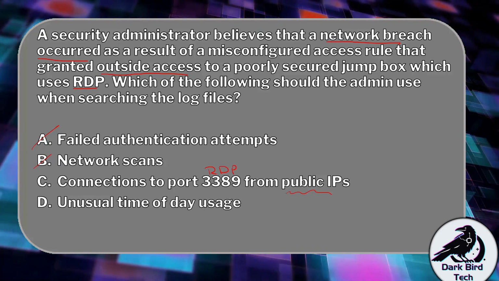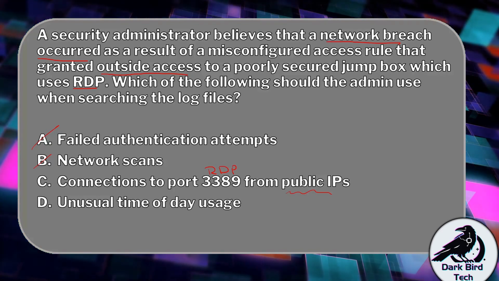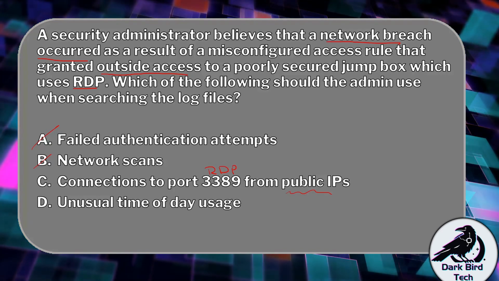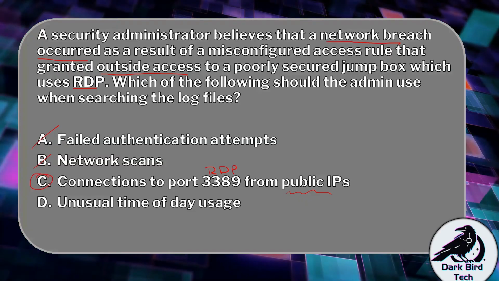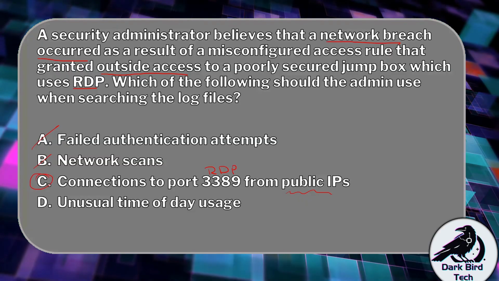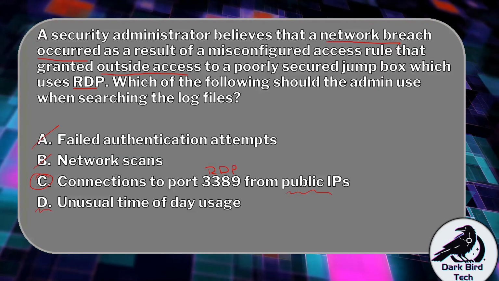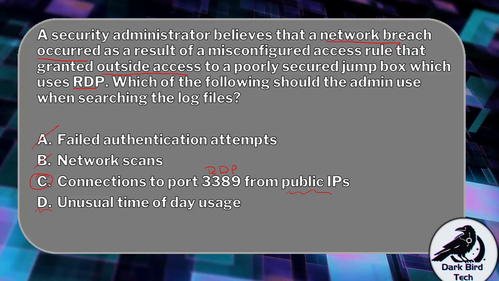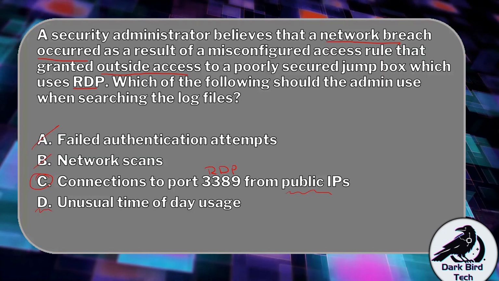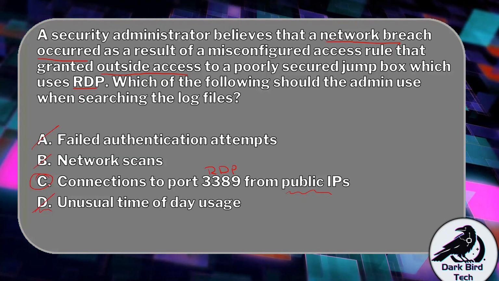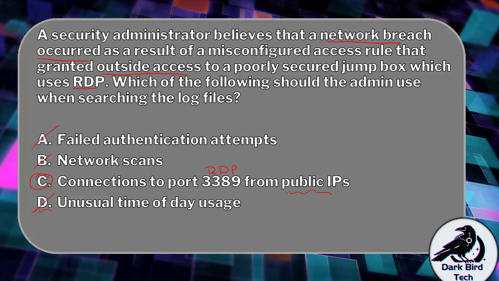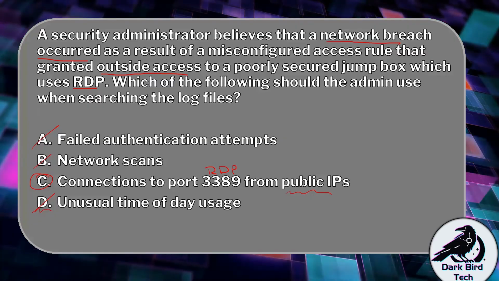And we already have details like RDP and outside access, and C is ticking both of those boxes, so I'm digging that. Otherwise, I probably would have considered unusual time of the day usage if it weren't for a better option that had more details matching the question. So let's strike that one out and go with option C.